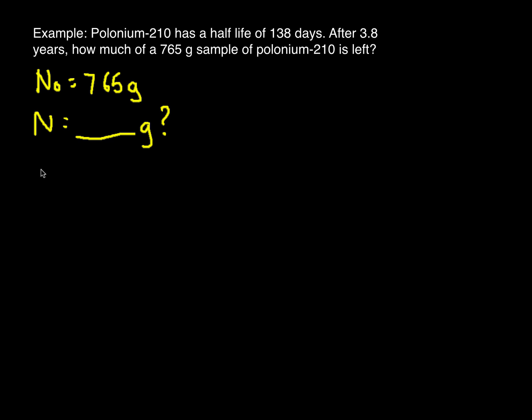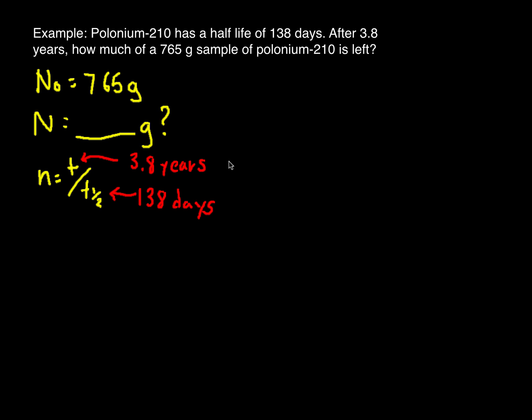We start by calculating the little n value. Little n equals the time passed divided by the time for 1 half-life. Time for 1 half-life is 138 days. The time that has passed is 3.8 years.